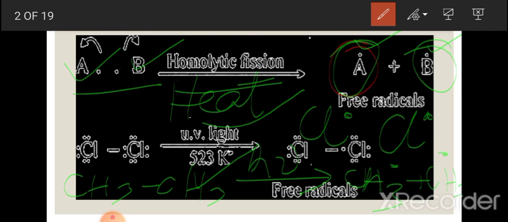Here we can say that two methyl free radicals are formed. And this is shown by a single-headed arrow, a curved arrow with a single head, only one we will draw. By this we show the cleavage. So this is homolytic fission.